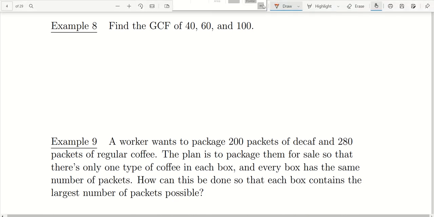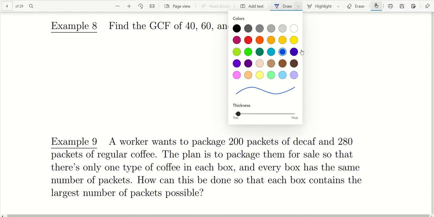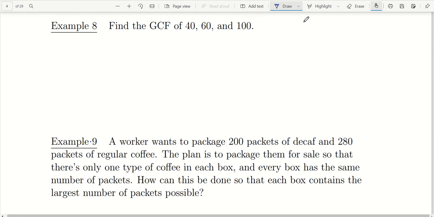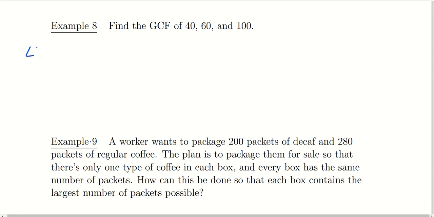Let's take a look at another example. We want to find the GCF of 40, 60, and 100. This would begin by doing the factor tree of each, which I'm going to skip for this part. But if you do the prime factorization of 40, you should get 2 times 2 times 2 times 5.